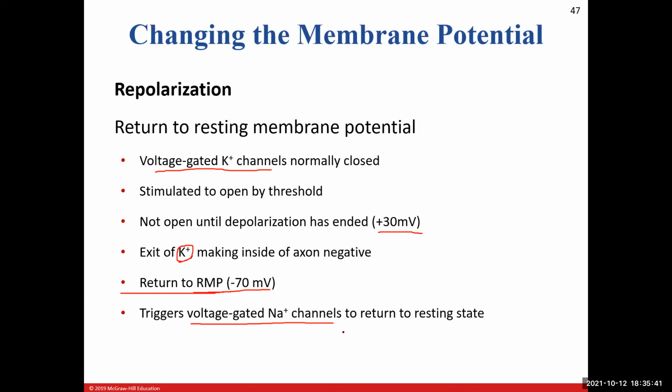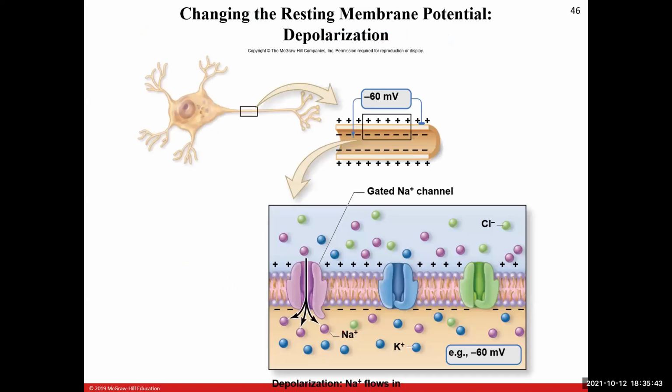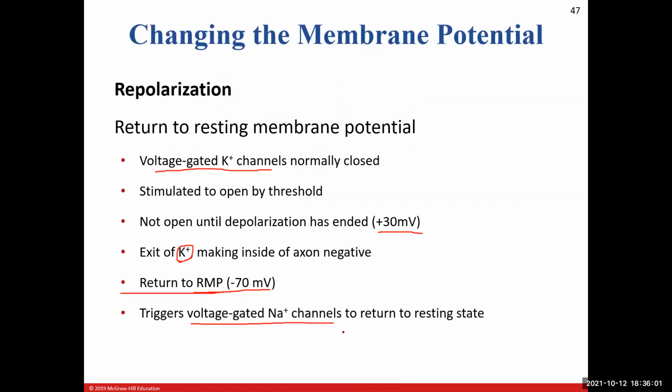The activation state occurs here. This is the activation state, depolarization. Both the gates are open. Sodium is moving through. Then once that sodium has moved through and we hit that positive 30 millivolt value, the inactivation gate closes. And during this repolarization period, we go from the inactivation state back to the resting state.